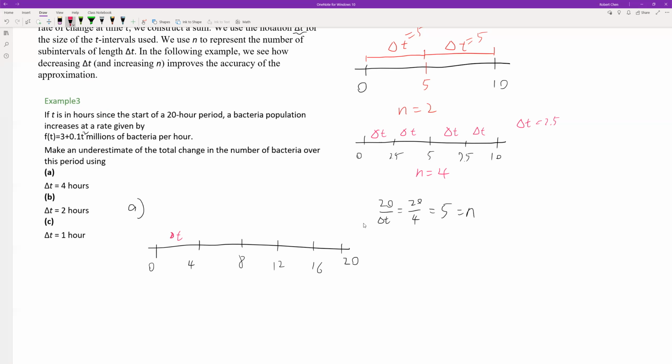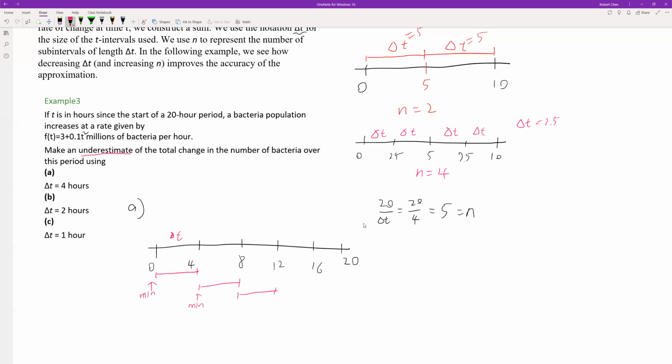Now we know that the bacteria is only going to be growing, it's not going to be decreasing. So in order to make the underestimate, we need to consider the minimum amount of bacteria in that specific interval. For example, between 0 to 4, the minimum would be here. Between 4 to 8, the minimum will be here.